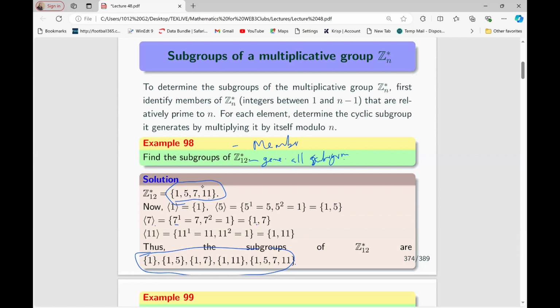So the one that is generating all the subgroups asks some function to generate a subgroup generated by 1. Then it will ask, generate now a subgroup generated by 5, and so on.